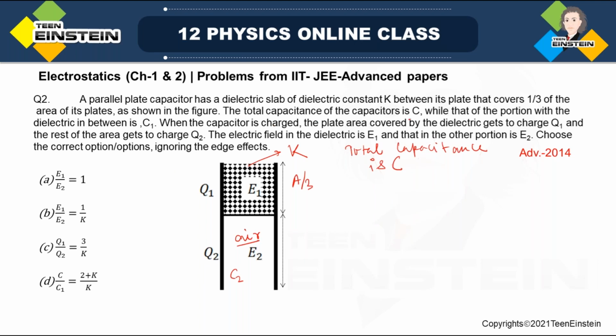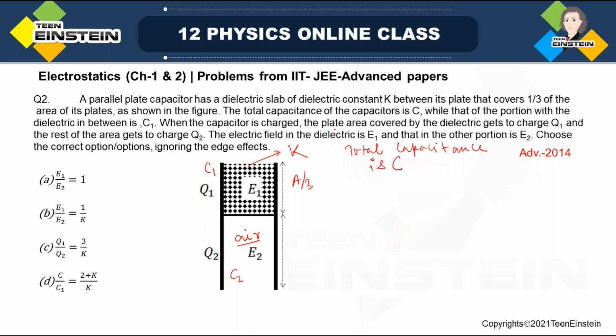So the total capacitance of the capacitor is C, while that of the portion with the dielectric in between is C1. This part has capacitance C1.